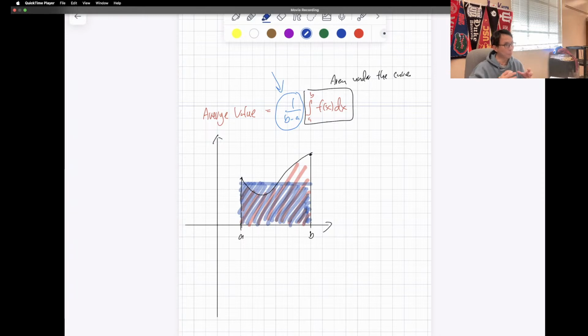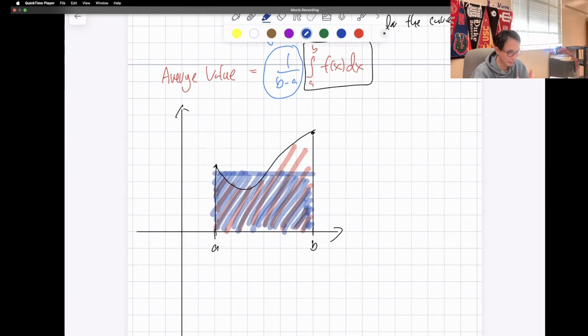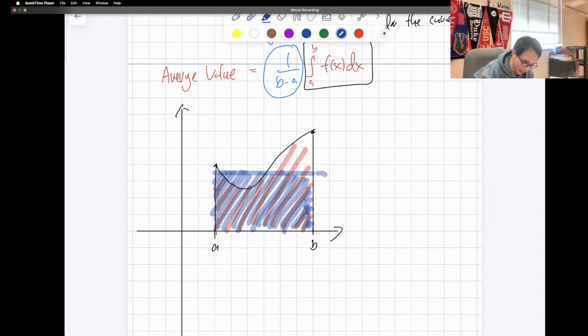So the blue rectangle is equal to the red area under the curve. The blue rectangle is equal to exactly the area under the curve. How does that work? That works by the height. This represents the height of the rectangle, with area equal to the area under f of x.